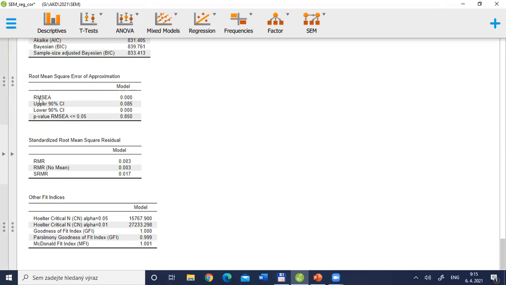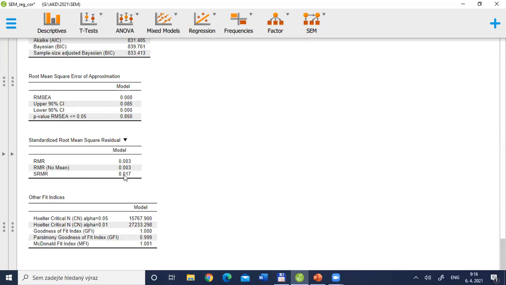For RMSEA, if we take a classical recommendation, and there are differences between different recommendations, usually 0.08 or lower is good for your model. Here we have 0.000, so there are no doubts about the quality of the model according to RMSEA. SRMR is another statistic in the same style, and the recommended cutoff, below which we should get the value for my model, is 0.05.